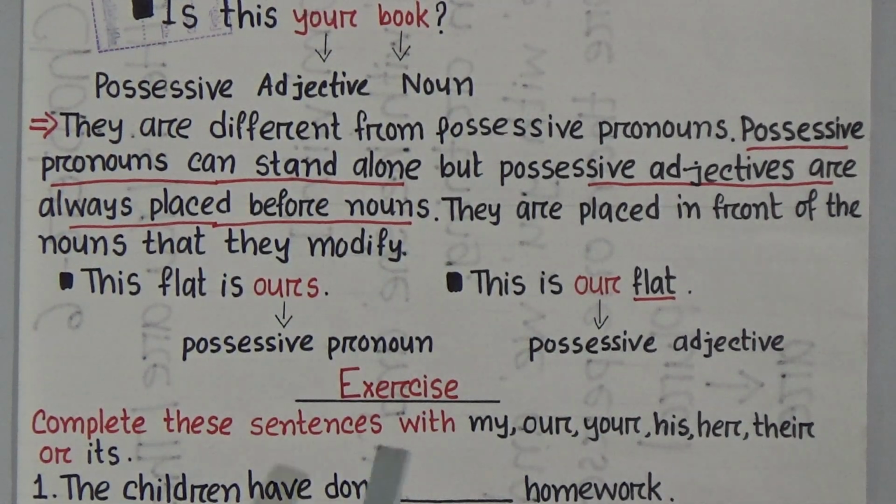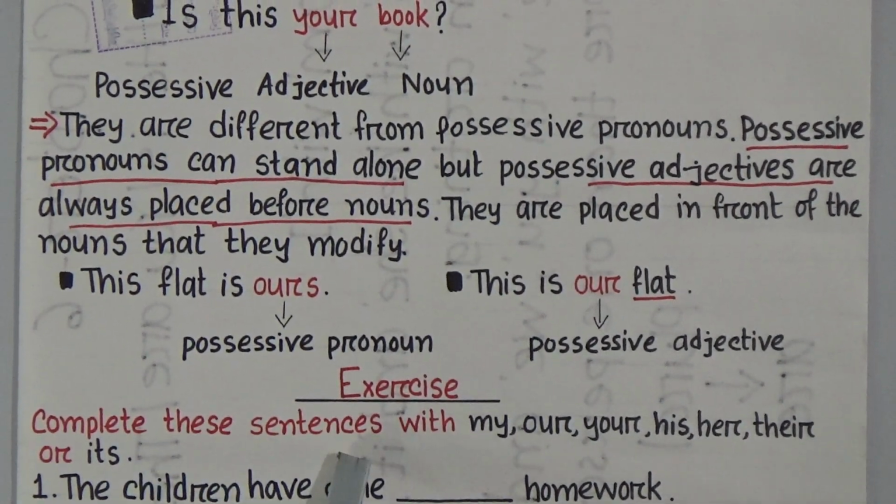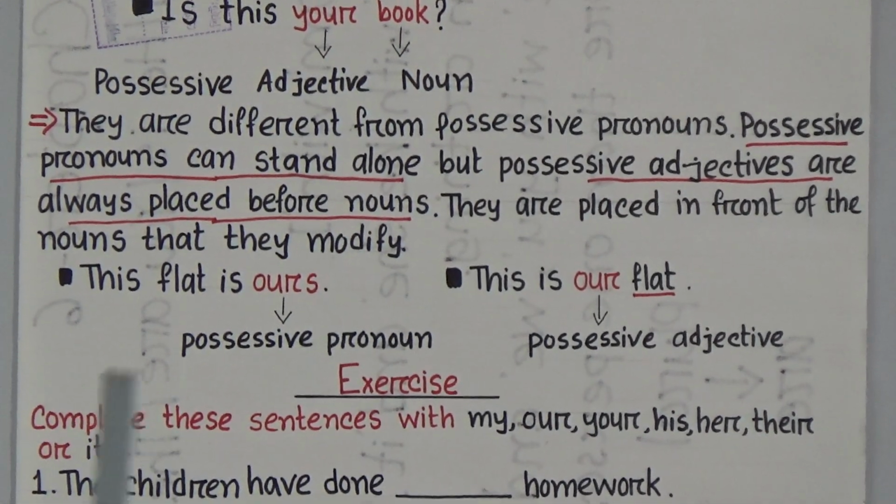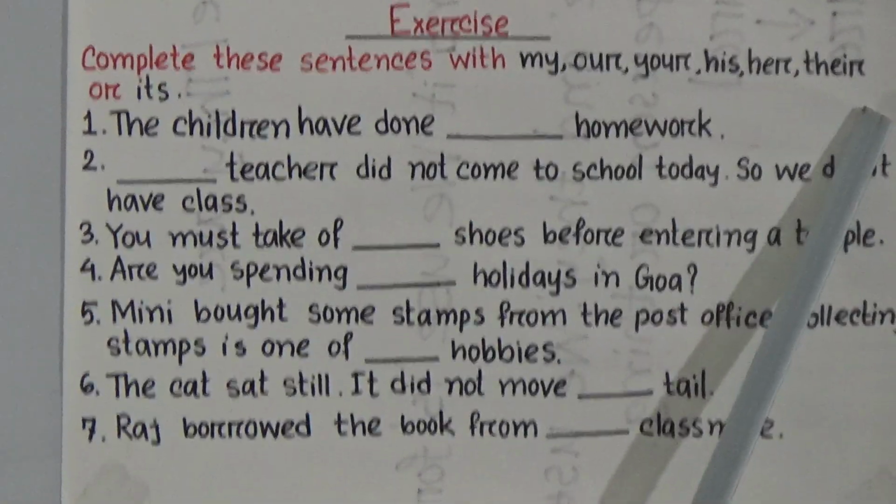Students, now we'll do some exercises on possessive adjectives. Complete these sentences with mine, our, your, his, her, their or its. In these gaps you have to use these words.